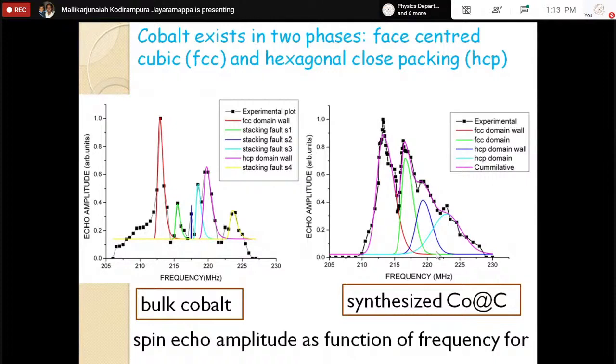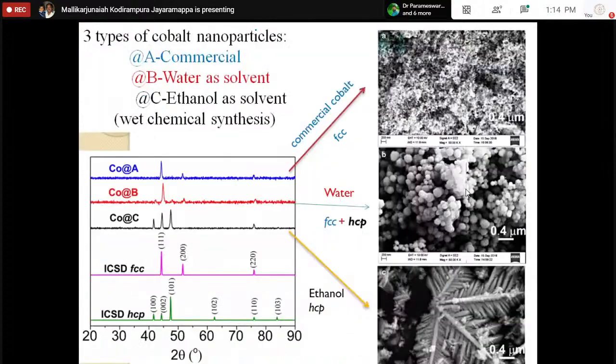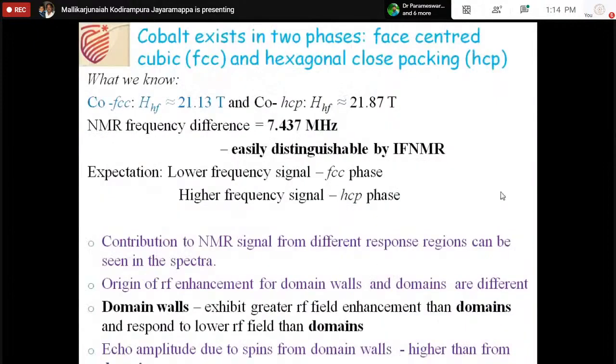It is around a 6 to 7 megahertz difference between the FCC phase and the HCP phase. Therefore, using IFNMR, we were able to detect this signal explicitly, and we are able to identify domain and domain wall contributions also.